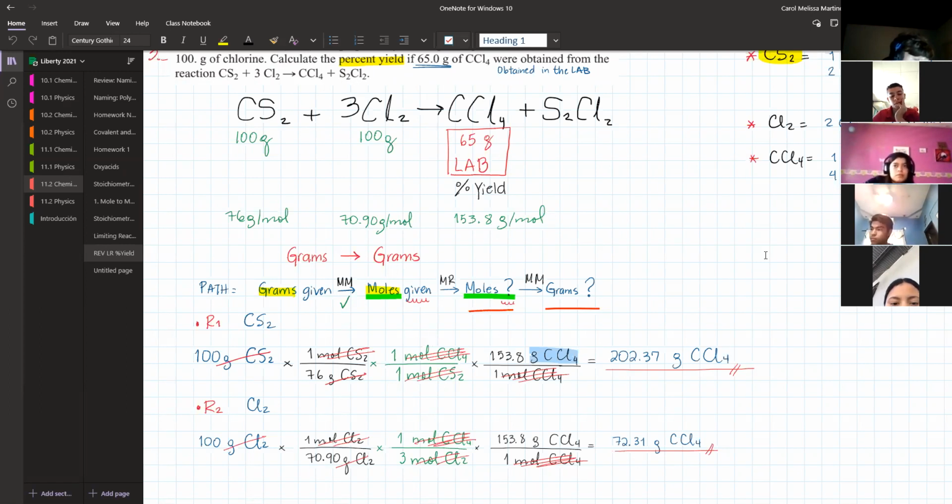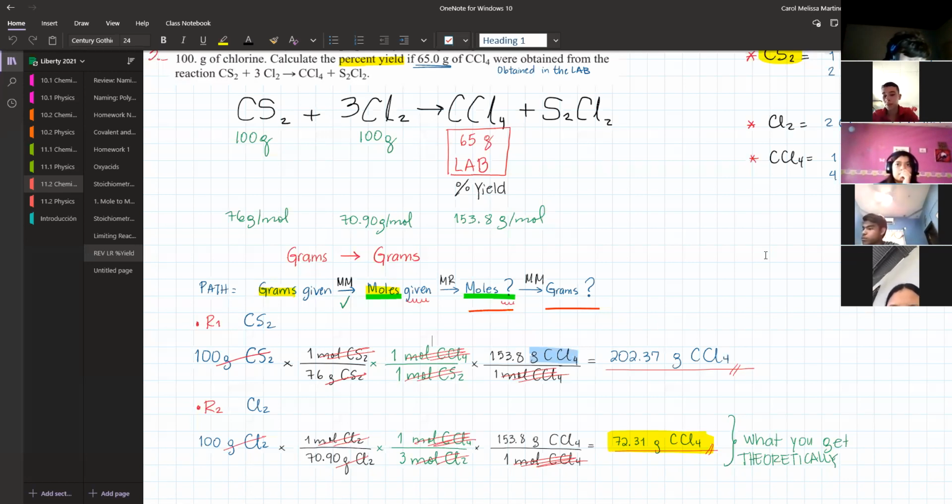So according to the procedure, the 72 is what you get theoretically. And why is that? Because in theory, the limiting reactant gives you what you get theoretically, okay?